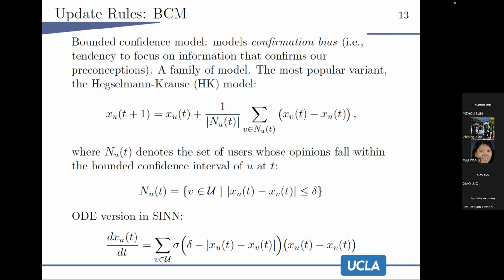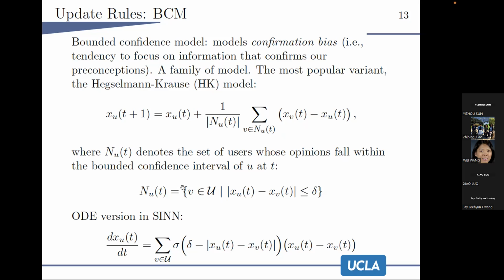This model has the notation like this, where we can regard a user u at time t as changing opinion according to a group of users in the set N_u(t), and then getting its opinion at time t+1. N_u(t) is the set of users whose opinions fall within the bounded confidence interval of user u at time t. The bounded confidence interval is the reason why we call this a bounded confidence model.